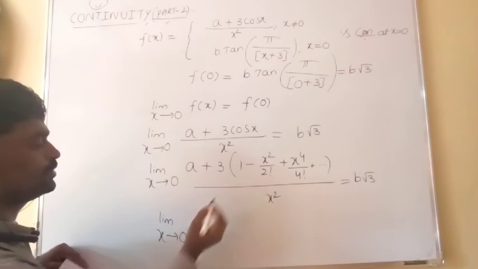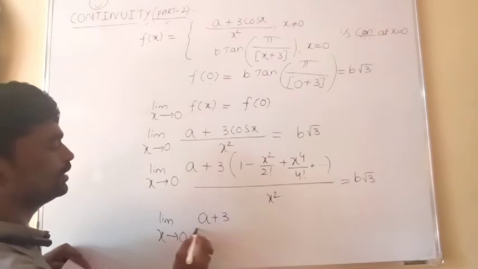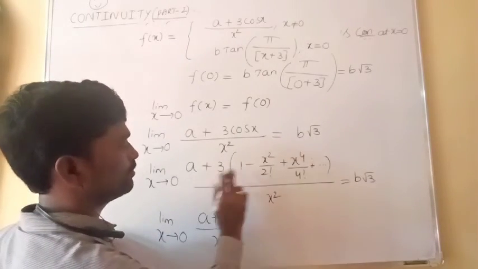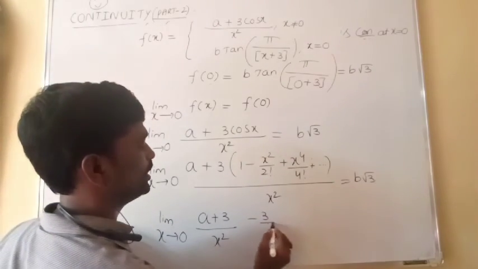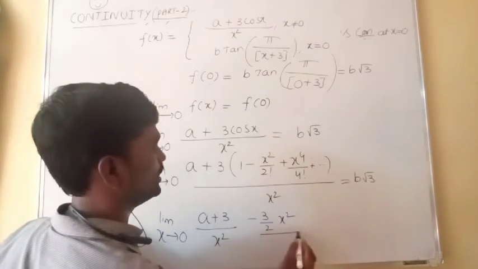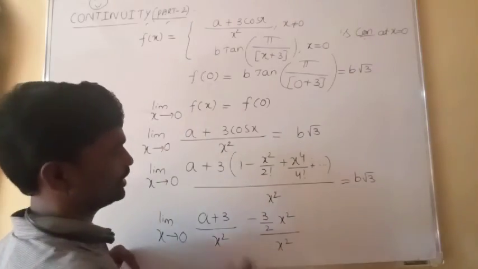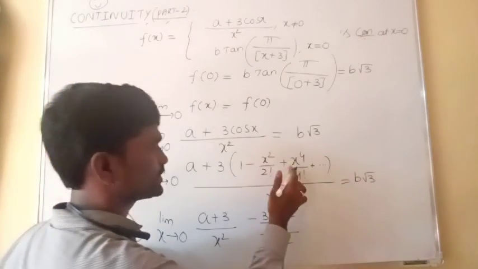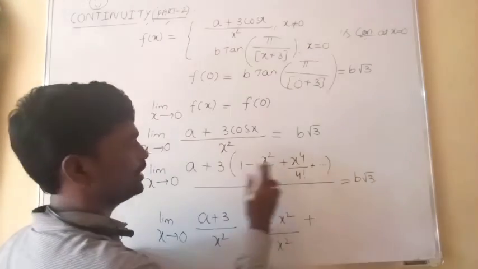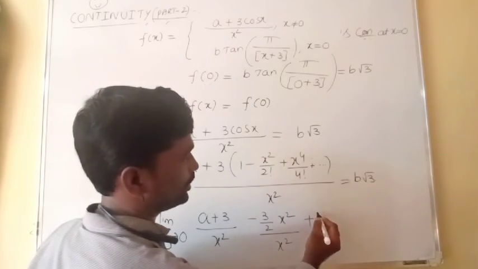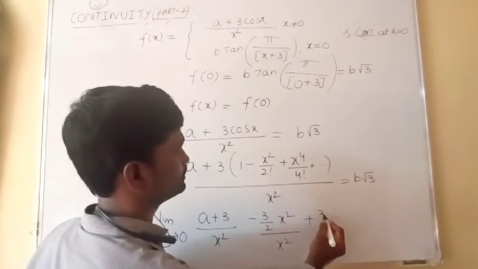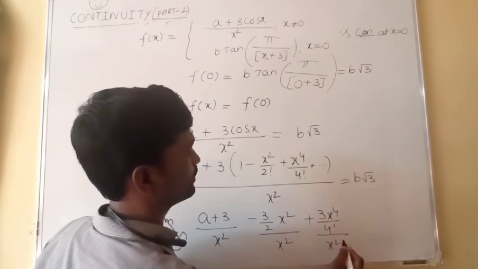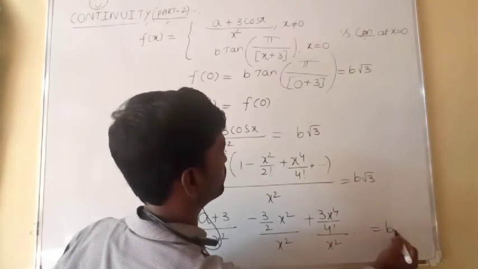The constant term is (a + 3) into 1, divided by x square. Next, the x square term gives minus 3x square by 2 divided by x square, plus 3 into x power 4 by 4 factorial divided by x square, and so on, equal to b root 3.